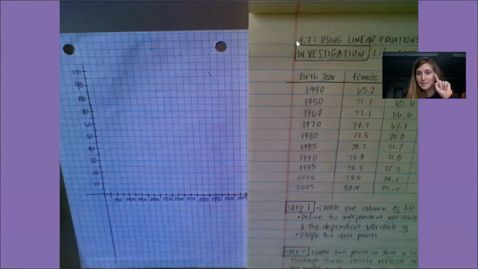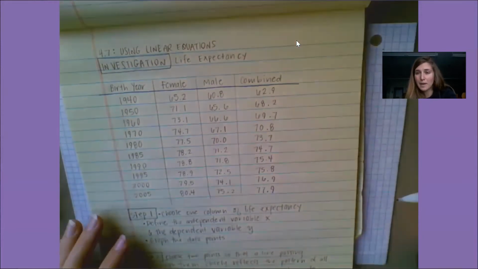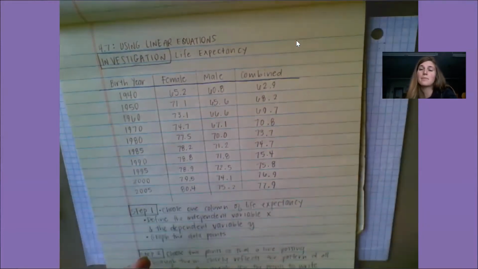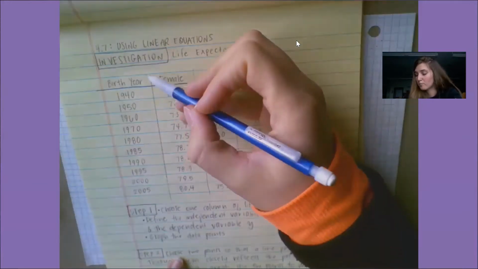Before we begin, let's think about what will be our independent variable and what will be our dependent variable. Our independent variable is the thing that does not depend on anything else, it's not reliant on anything. That's going to be our birth year.